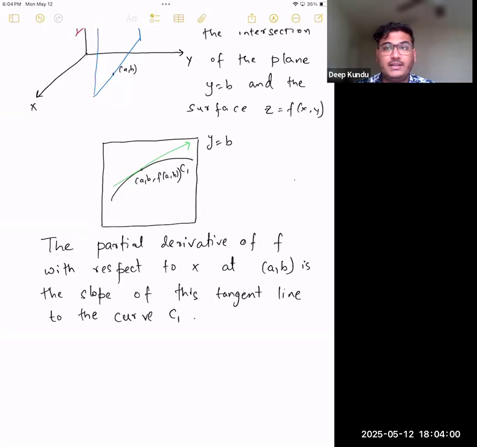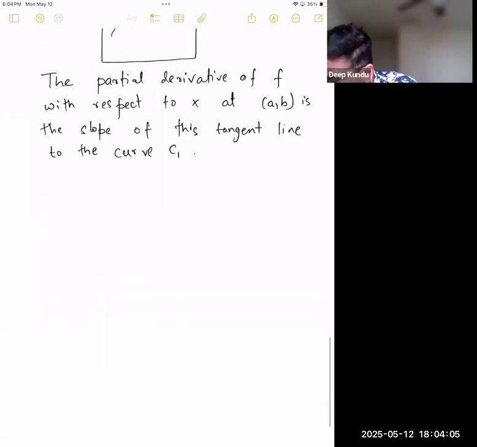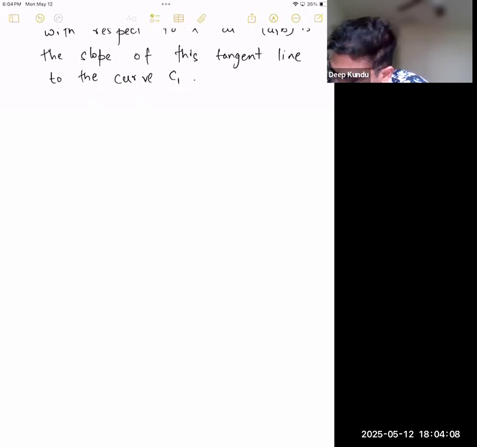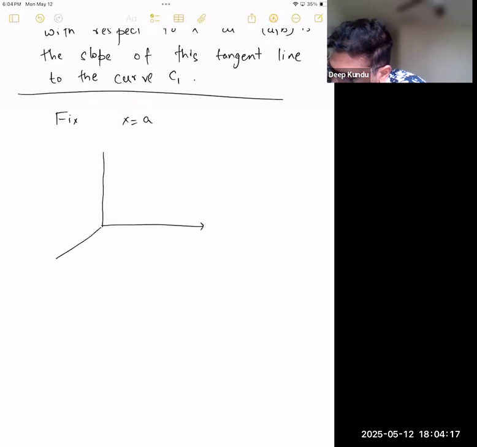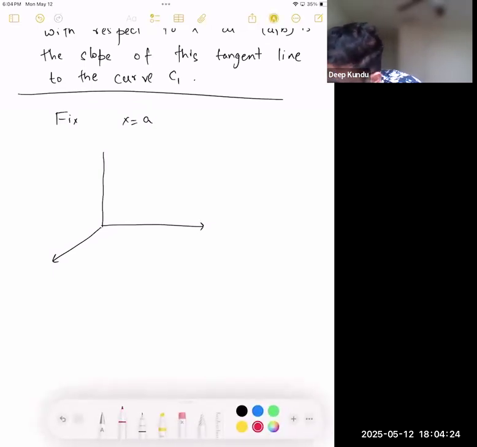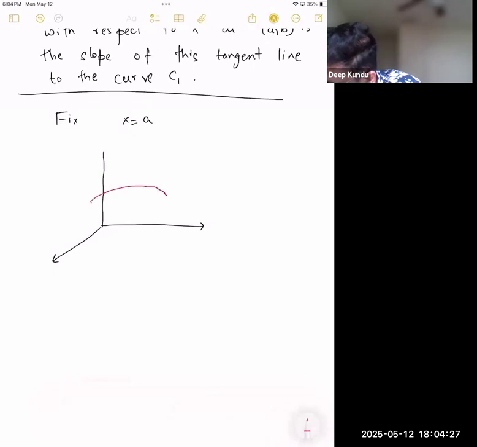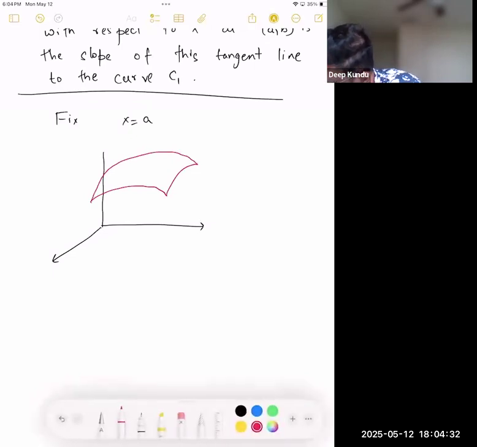So we have the same idea for the partial derivative with respect to y as well. Let's see what that looks like. So in that case, we are going to fix the plane x equals a. So once again, let's draw the same surface. So we have the same surface as before. Now we are going to draw the plane x equals a.